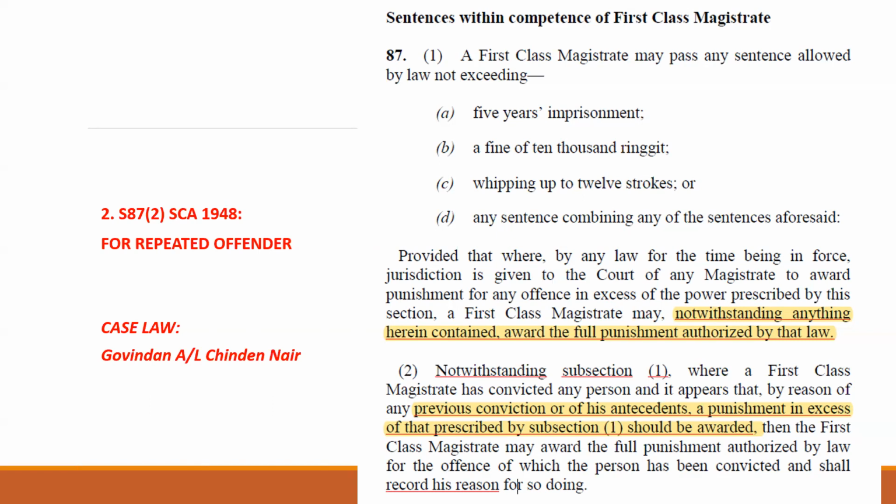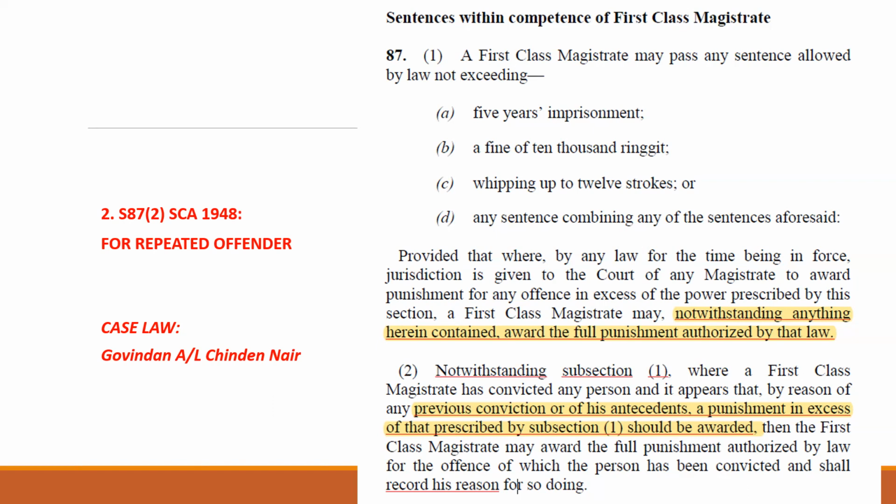That means released after 2-3 years, then caught again, something like that. So this is probably his 5th conviction. Section 87 sub-rule 2 actually provides for the magistrate, with their previous convictions, to punish more than the 5 years and also the 10,000 fine.